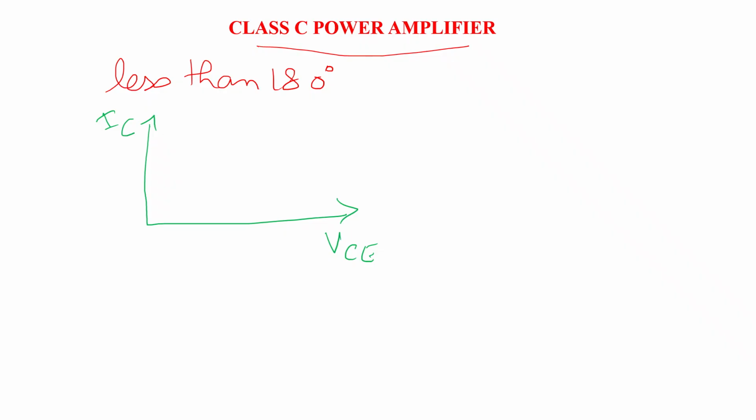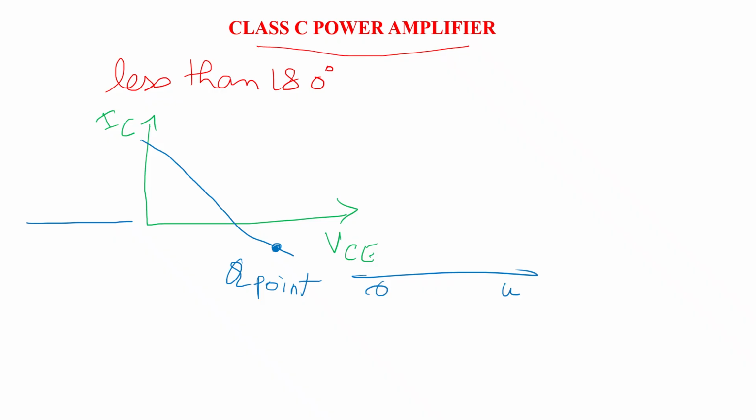So when a load line is drawn like this, the Q point is achieved here. So how do we get this?